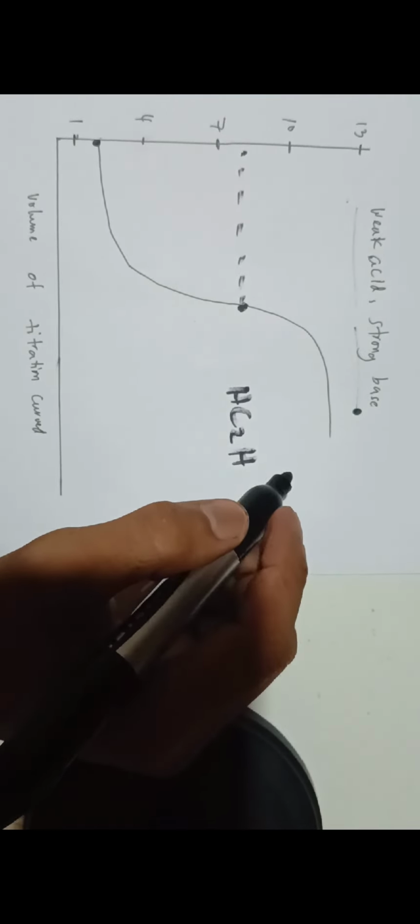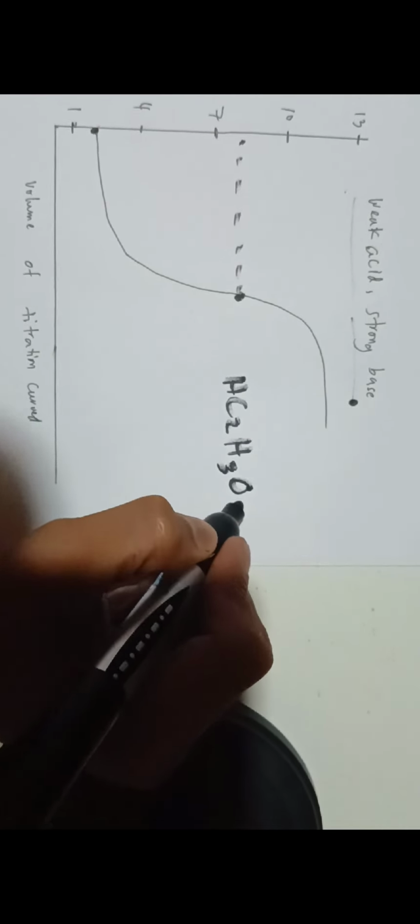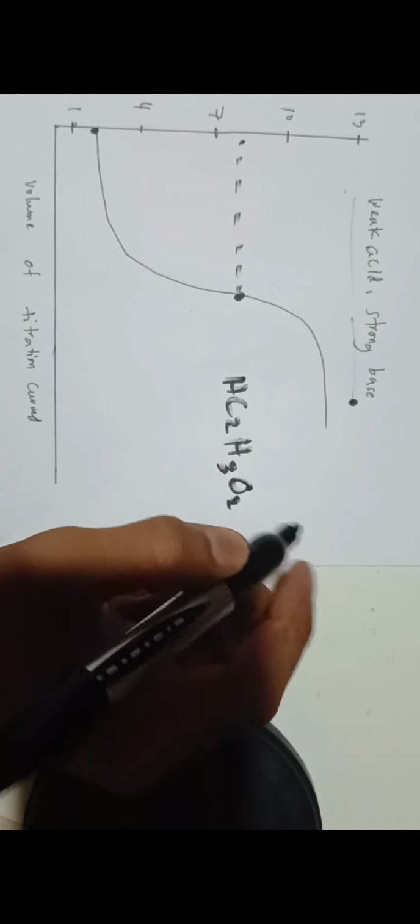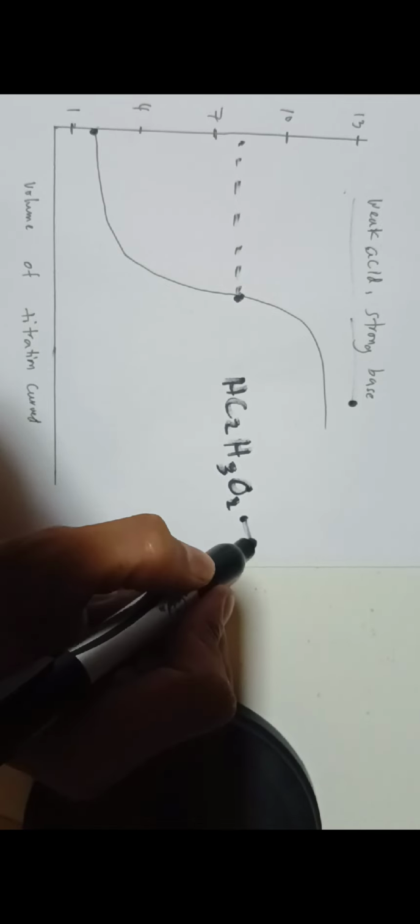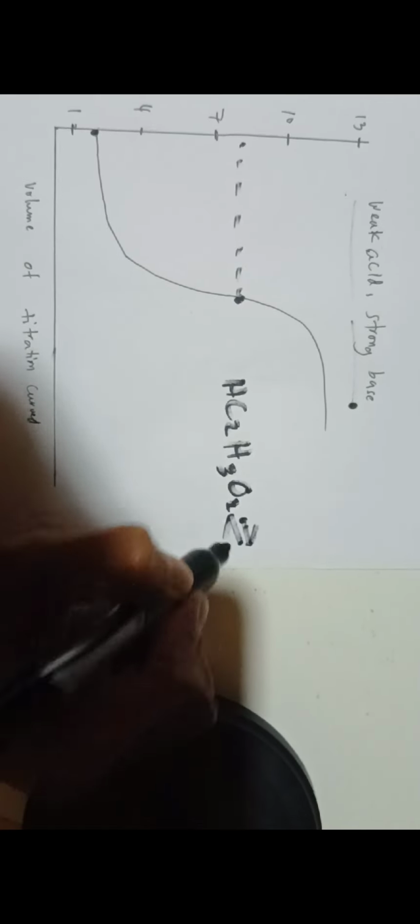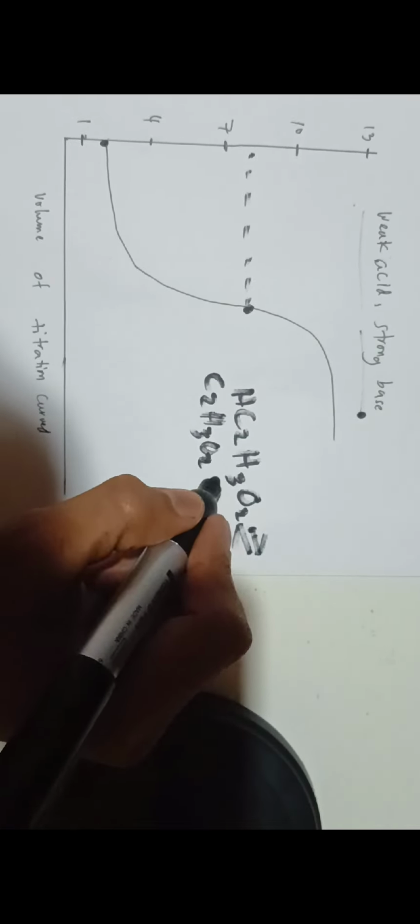HC2H3O2 partially dissociates into C2H3O2 minus and H plus ions.